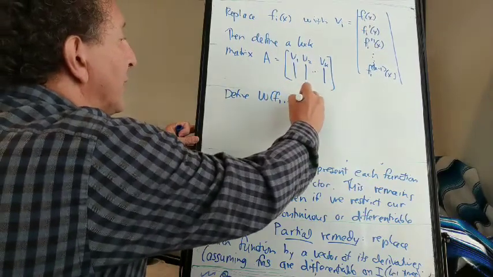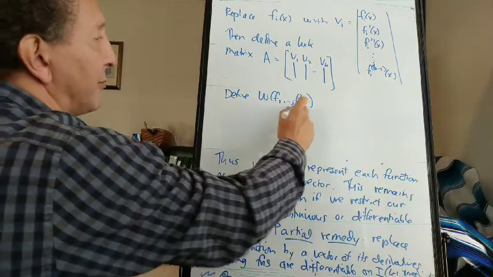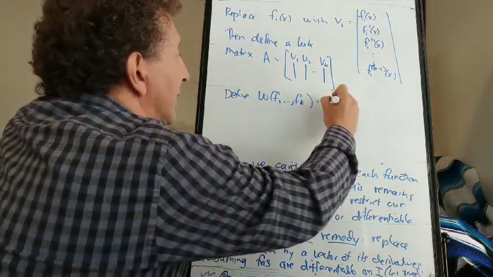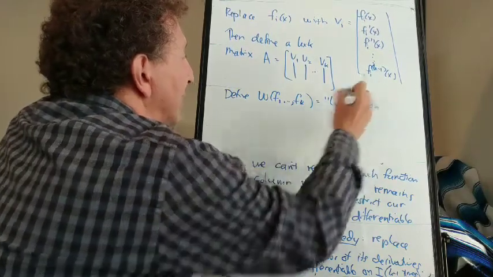Then we're going to take the determinant of this, and we'll call it W of f1 through fk, after the inventor of this method.